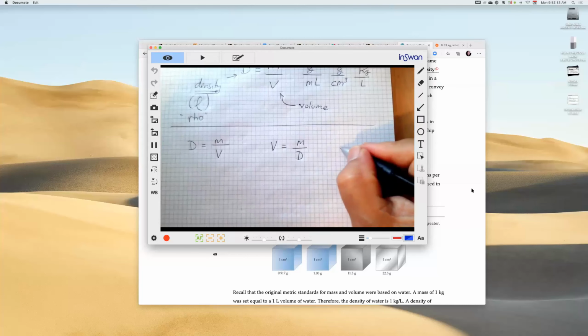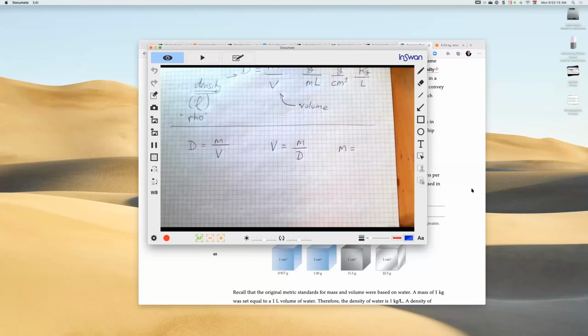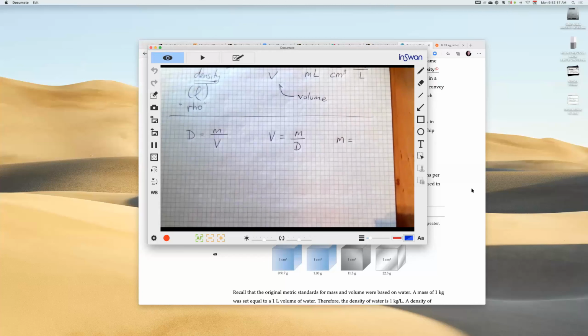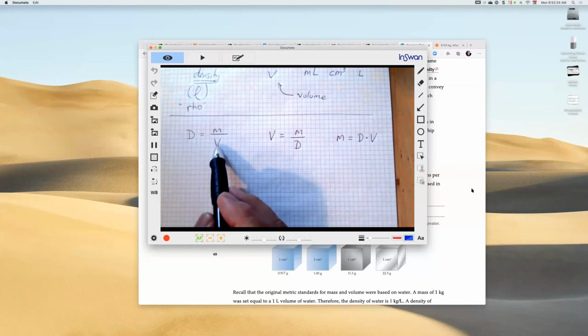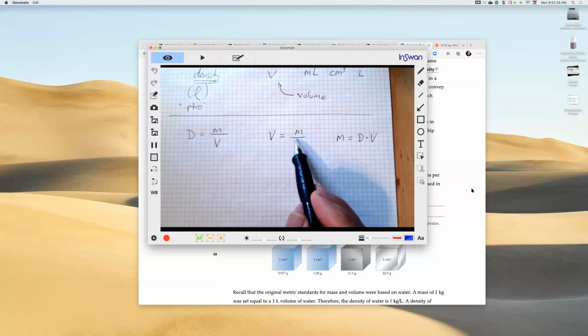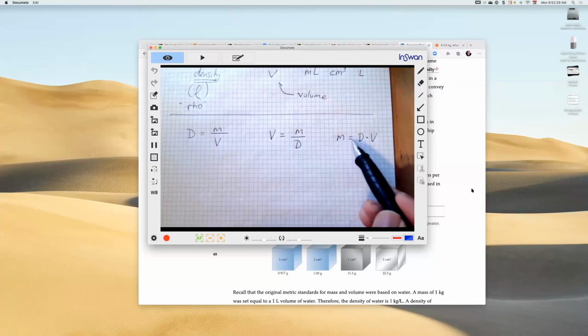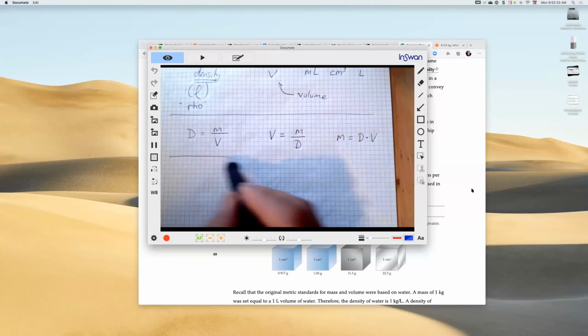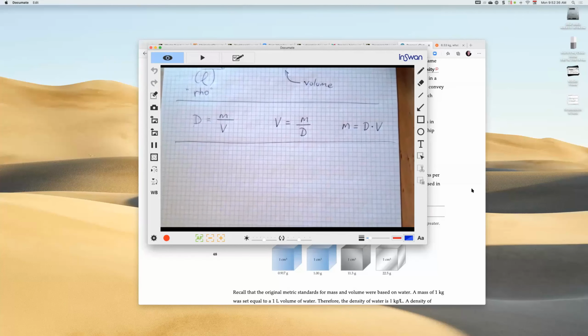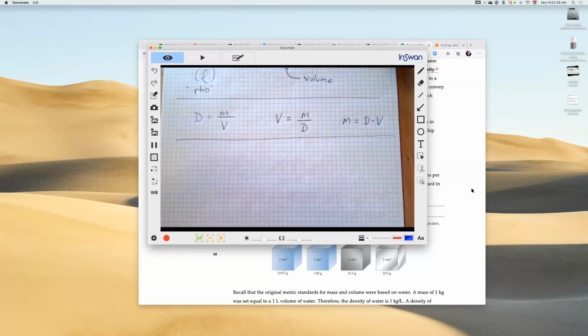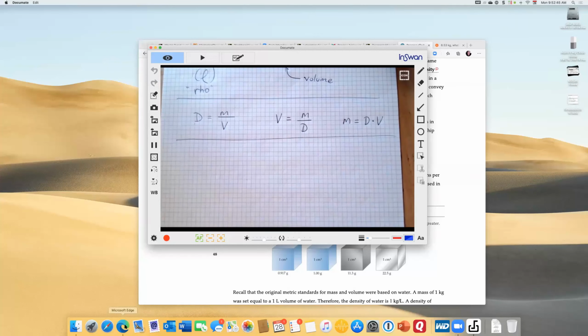And this is the formula for finding the mass if you know the density and the volume. So density equals mass over volume. Volume equals mass divided by density. Mass equals density times volume. So with those 3 formulas, you can actually answer almost any problem that you're going to encounter. And let's just switch to some real cases from the homework, I believe.